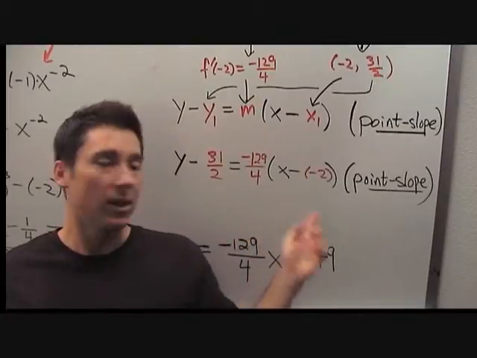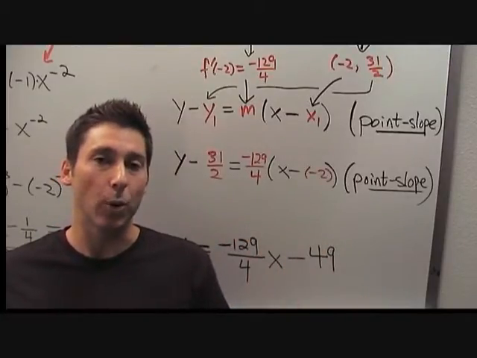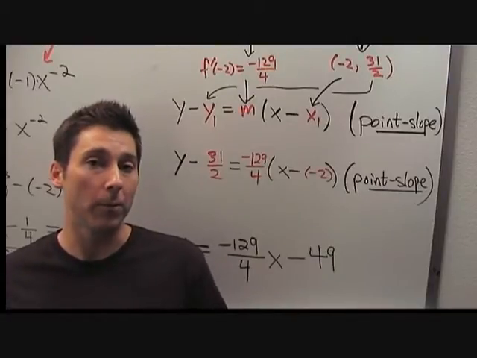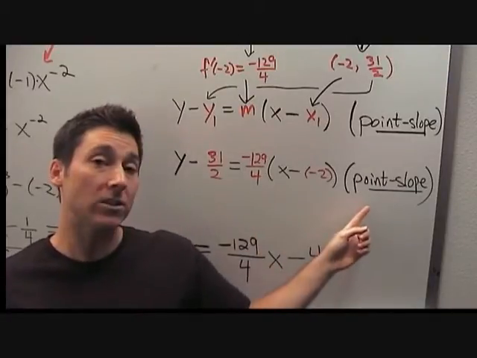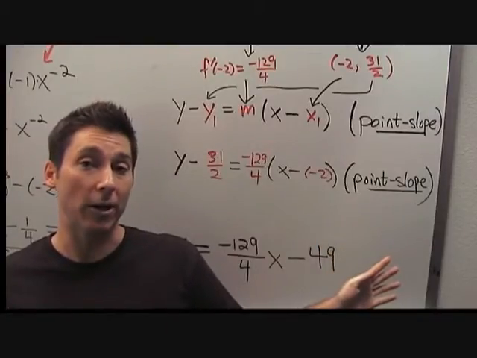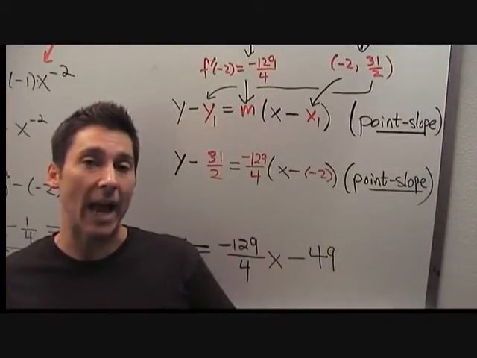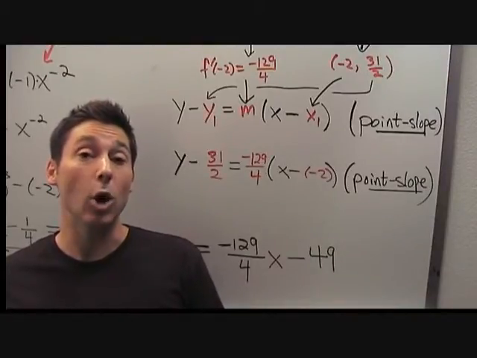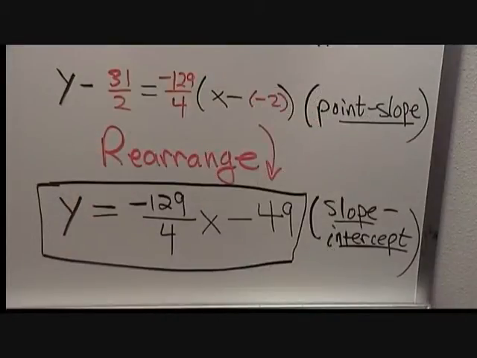This expression is not our answer to the problem. We were asked to give our answer in slope-intercept form, but this is point-slope form. However, it's very close to the final answer. All you need to do is use algebra to rearrange the expression to get it in slope-intercept form. This is our final answer.